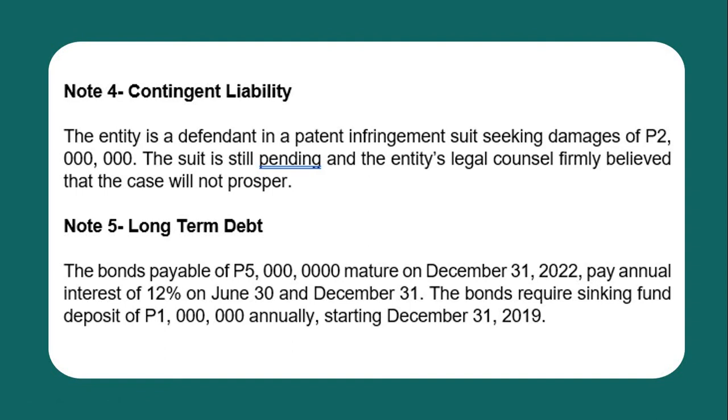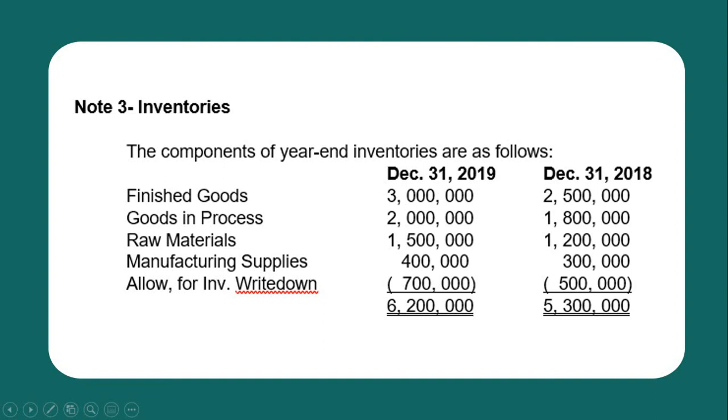So, for example, for the minimum line item inventory, beside inventory there is a 3. That means, if you cross-reference it to the notes to financial statements, it is in note number 3.